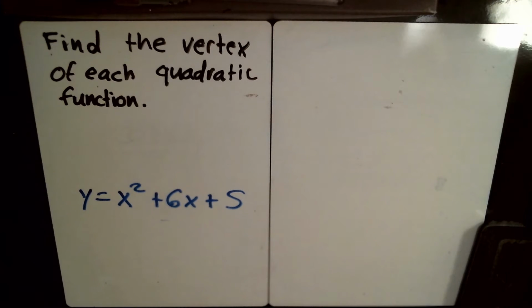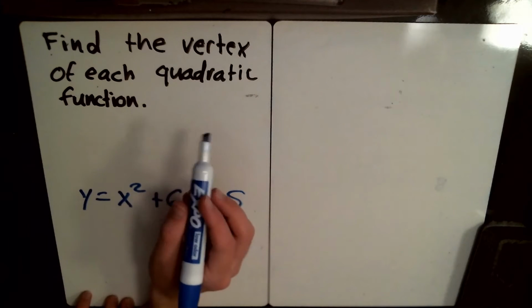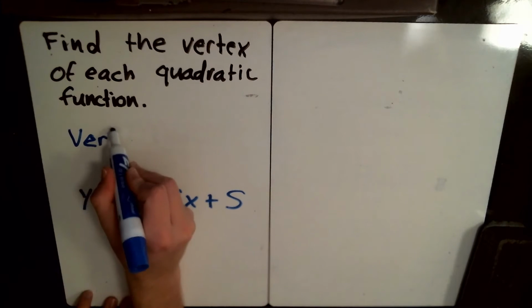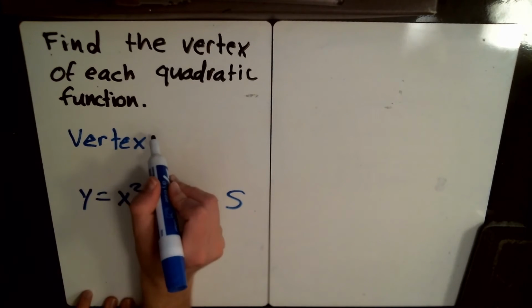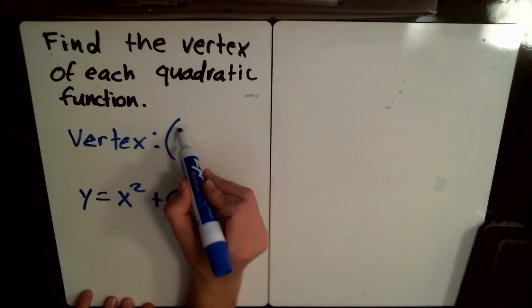In order to find the vertex, the book derives a formula by completing the square on a general quadratic. But the formula for the vertex that you can use is actually the first part of the quadratic formula.